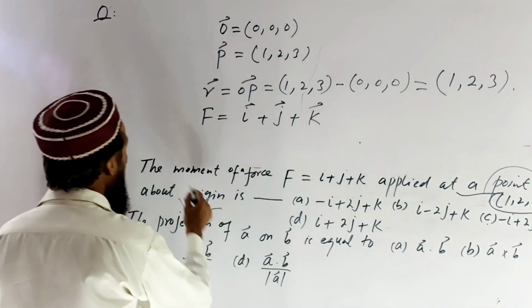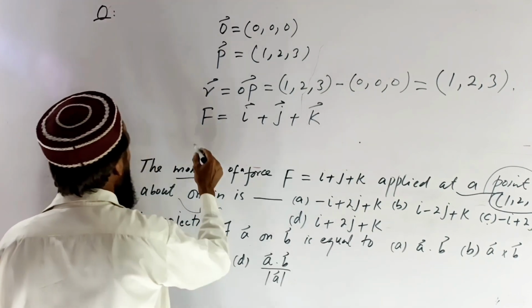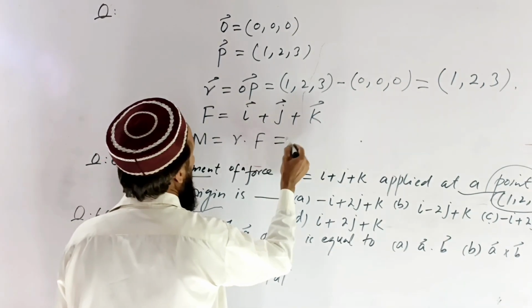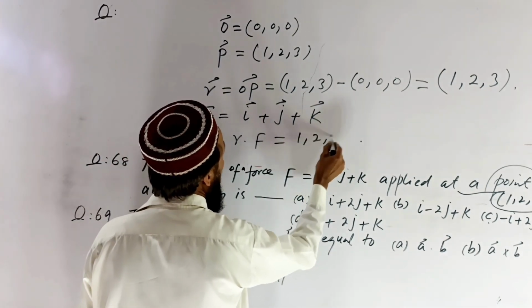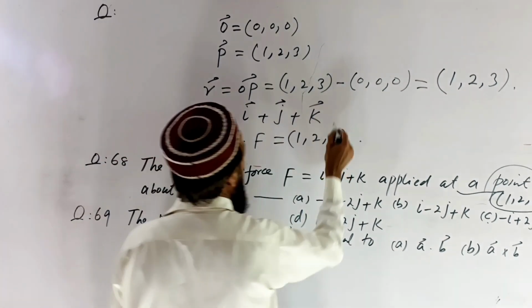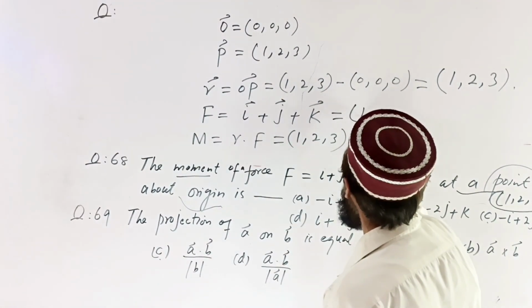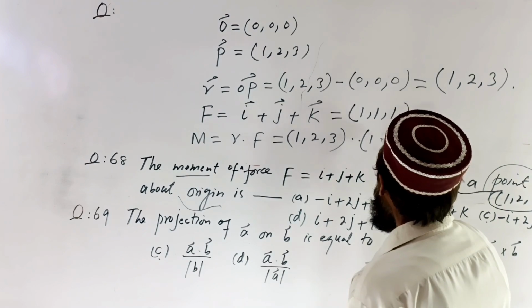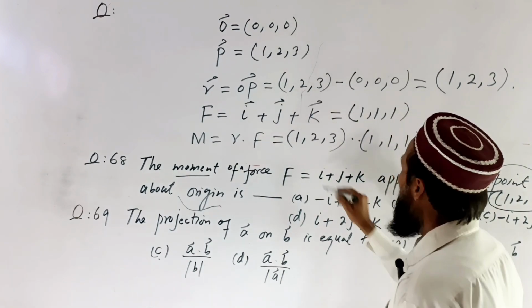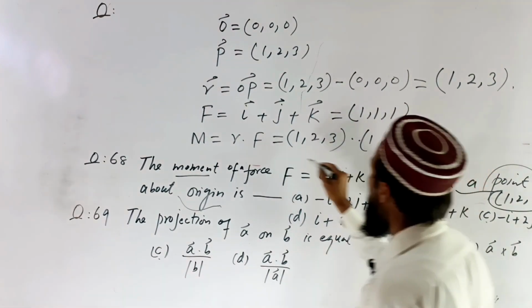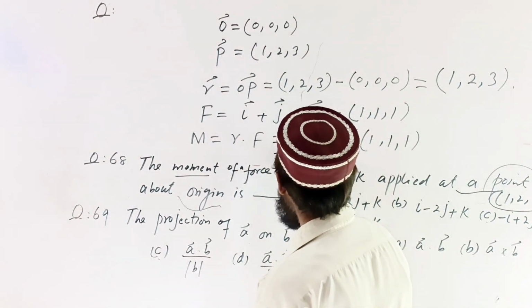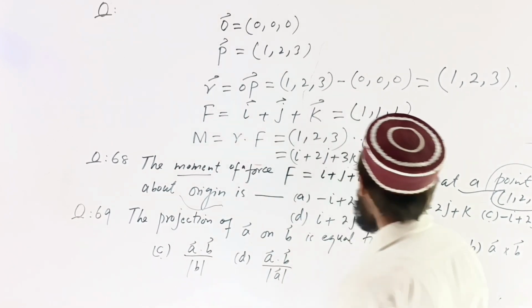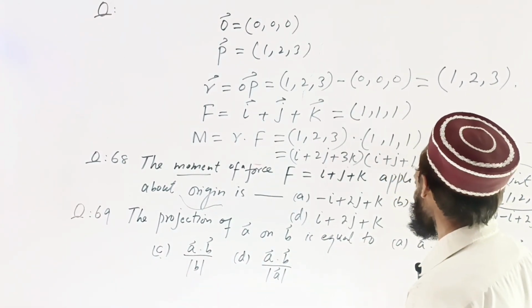So the moment of a force is required. For the moment we apply R cross F. R is equal to 1, 2, 3, and F is 1, 1, 1. In vector form, we write i plus 2j plus 3k with i plus j plus k.